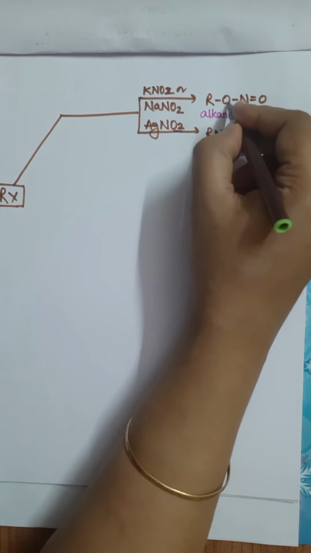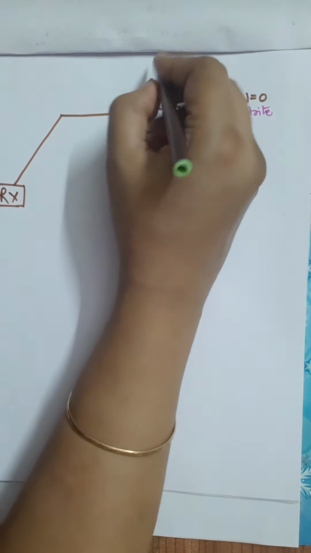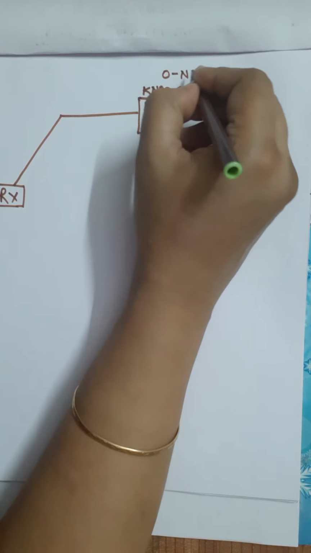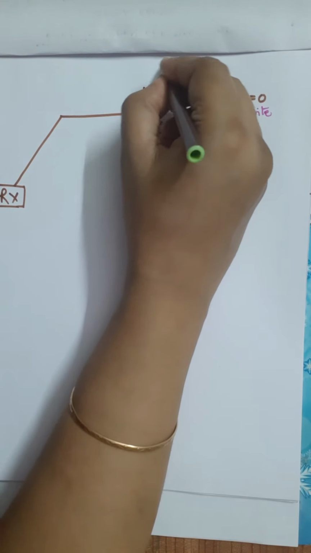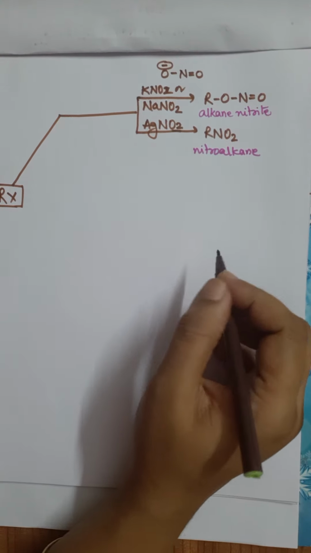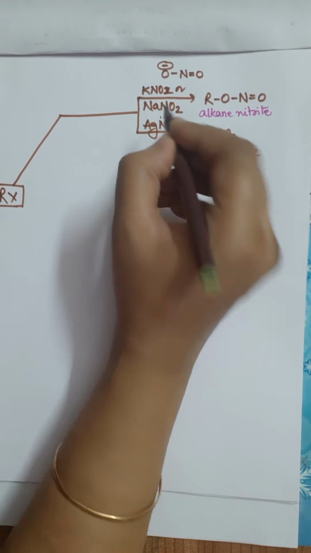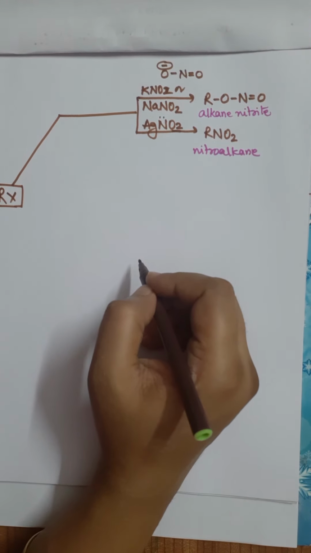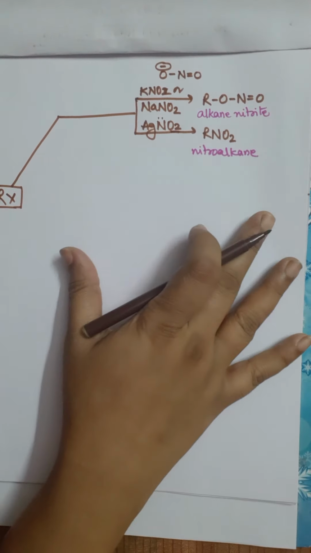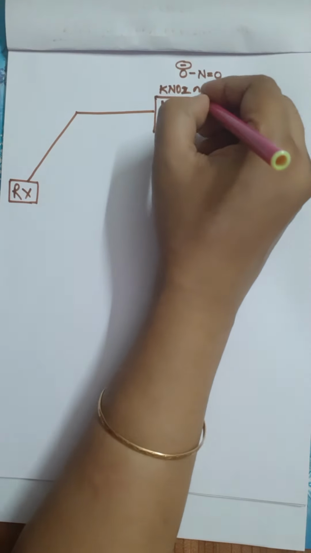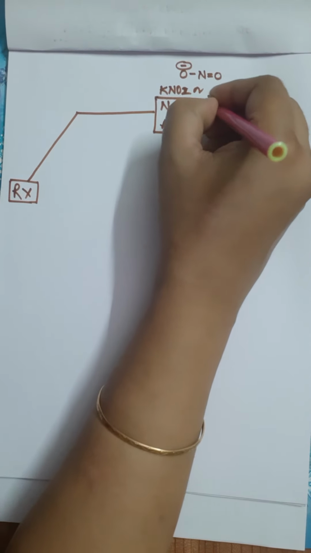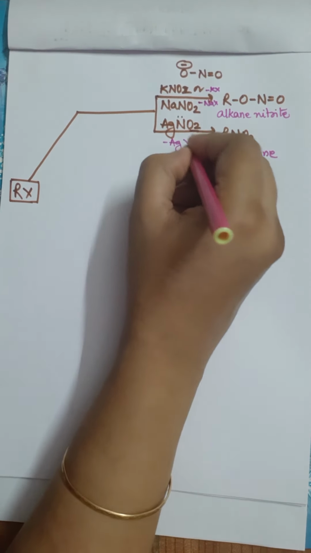Here the bonding is taking place from oxygen because the nucleophile formed here is having negative charge on oxygen, and in this case the lone pair of nitrogen is attacking, that's why the bonding is from nitrogen. Okay, so compounds formed are nitroalkane and alkane nitrite, plus the byproduct will be there. So here I am writing it as minus NaX or minus KX, and here it is minus AgX.